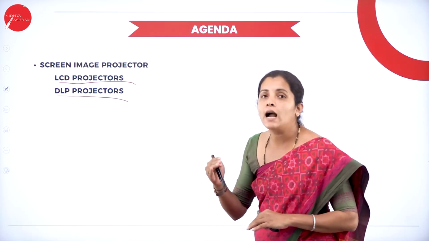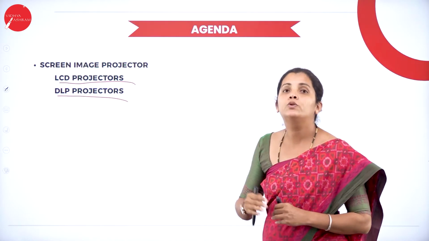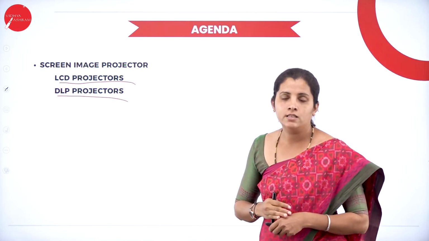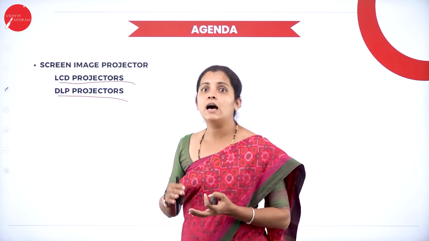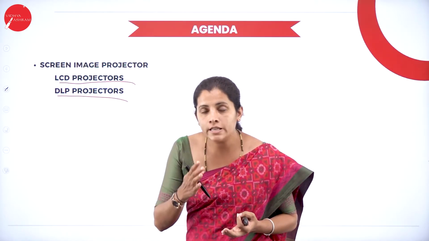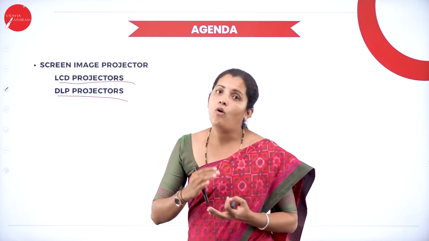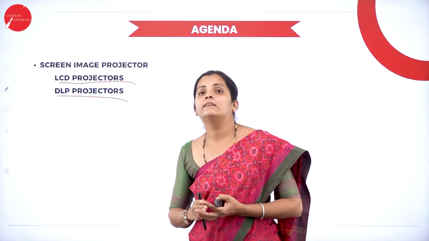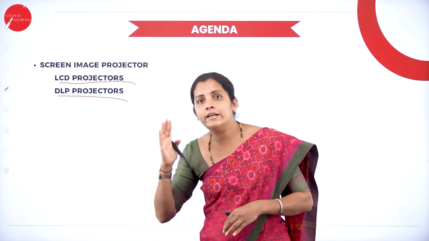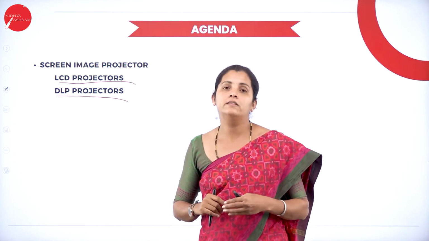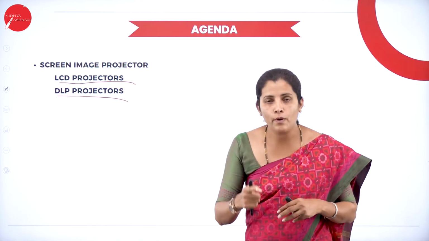Before starting my session, I'm going to recall what I covered in the last session. In the last session, we studied a type of output device, that is the plotter: what a plotter is and the two types of plotter.